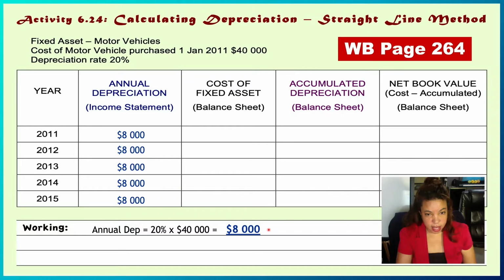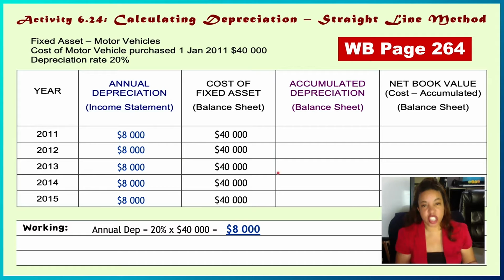So based on that now, what is the cost of the fixed asset? The cost of the fixed asset, once again, is the purchase price. So for every single year, it will be $40,000. Purchase price does not change. You're not a speedster. You can't go back in time and change it from 40,000 to 32,000 or something like that.